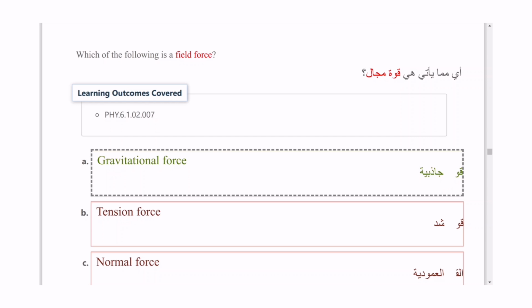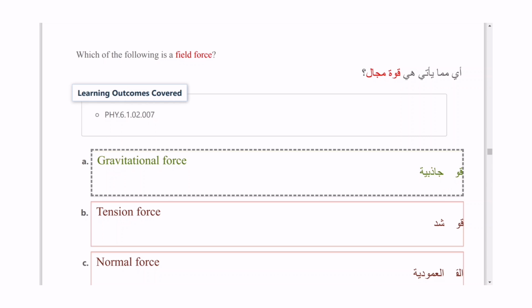In contact force, to apply a contact force, you need to touch that object. For example, if you want to push this table, you need to touch the table. There must be contact between your hand and the table. That is an example of contact force.